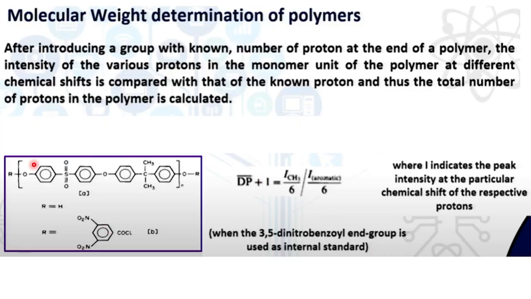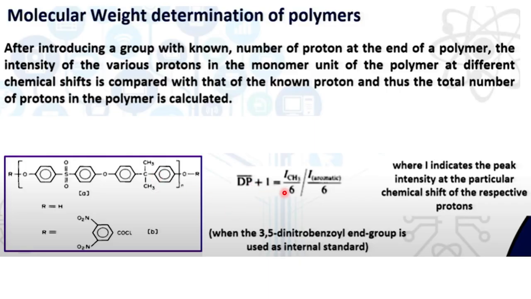So in total there are 6. The intensity of various protons in the monomer unit of the polymer at different chemical shifts is compared with that of the known protons. So, compared to these 3 protons, you are measuring the protons of the repeating unit.